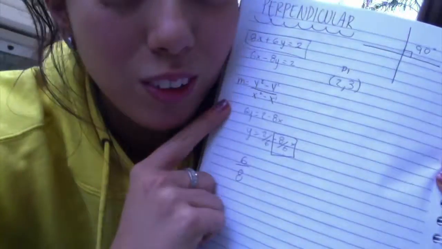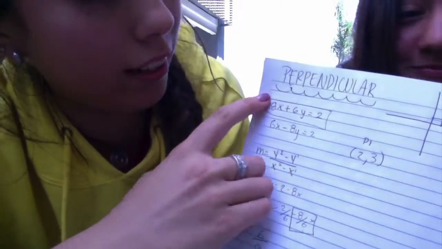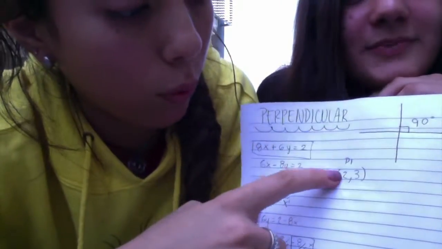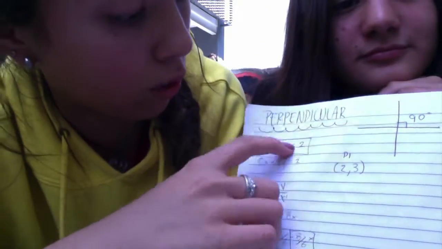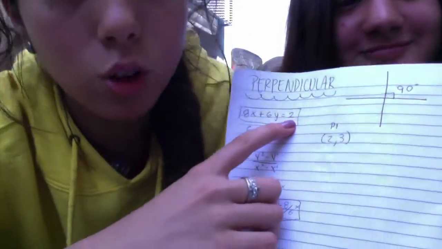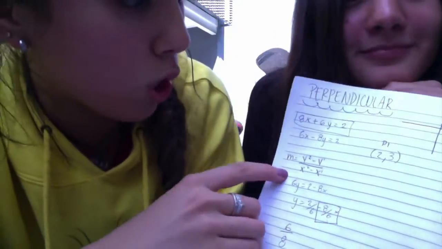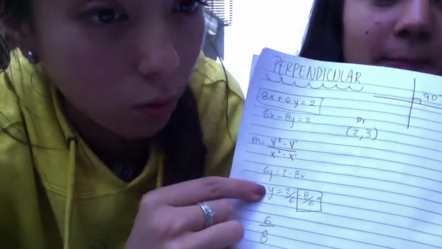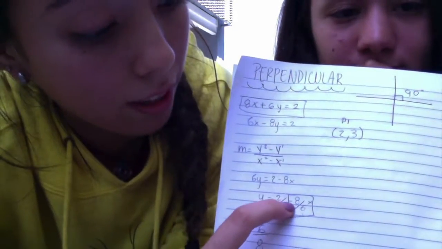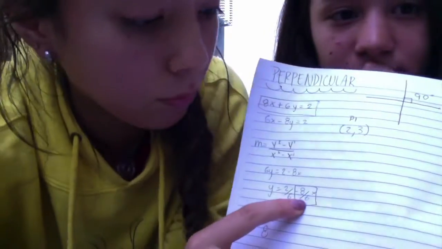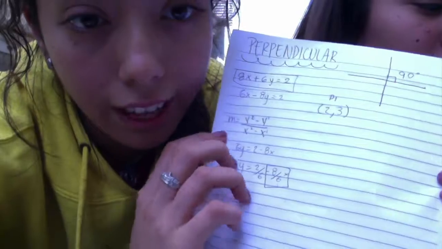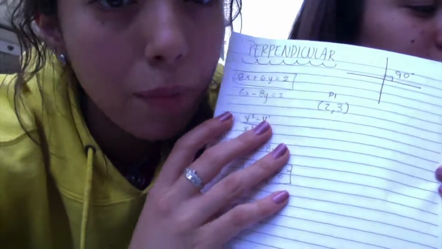To review, we had the function here, and then we were given a point. But as the function is in standard form, we want to pass it to the slope intercept form, which we already did here. The result of the slope was minus 8 over 6, but we need to pass it to its opposite because the formula to get a perpendicular line is m1 times m2 equals minus 1.